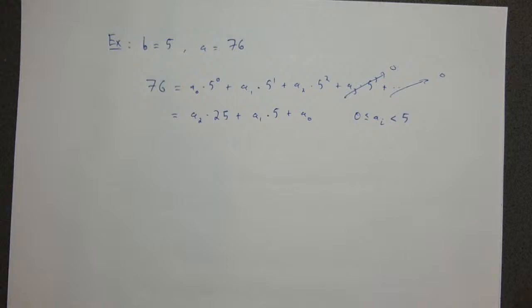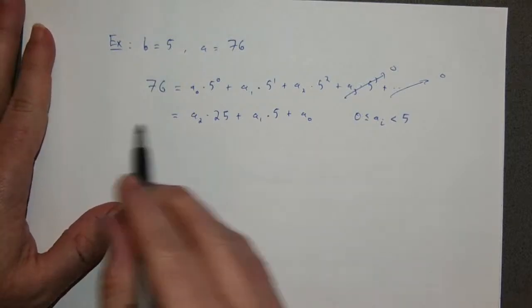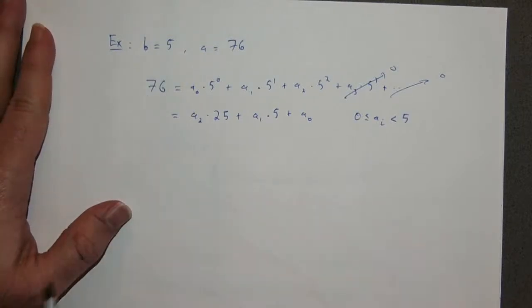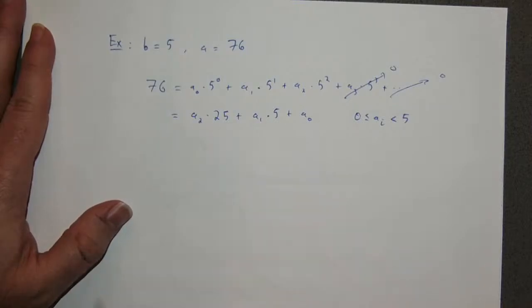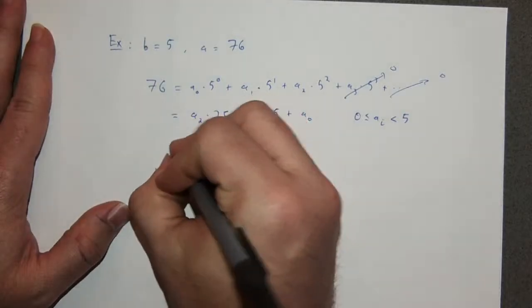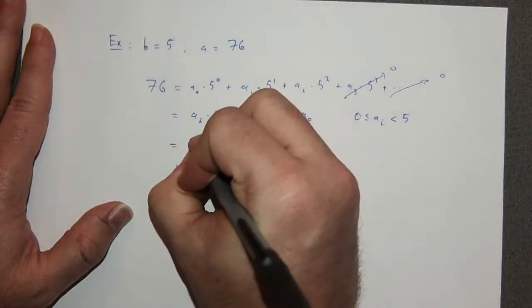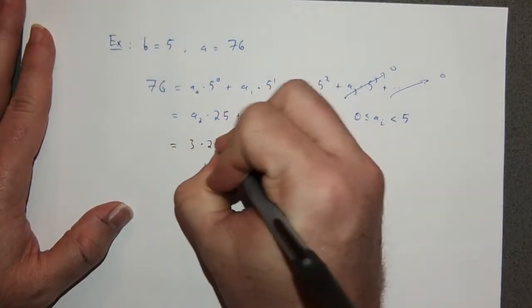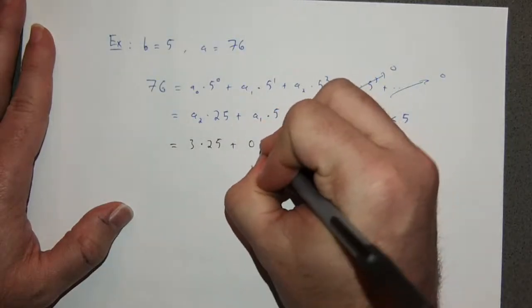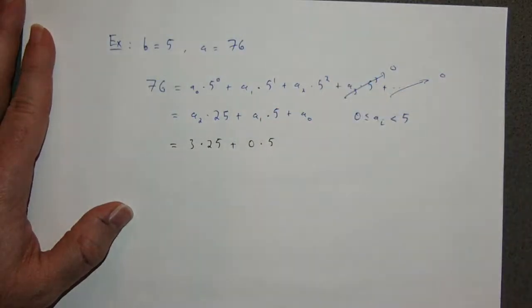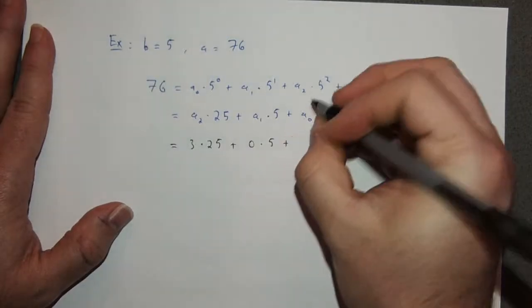So how can I express 76 in this way? Well, I just have to think, right? 3 times 25 is 75, and I need a 1 other than that. So the way of writing this would be 3 times 25 plus 0 times 5 plus 1.